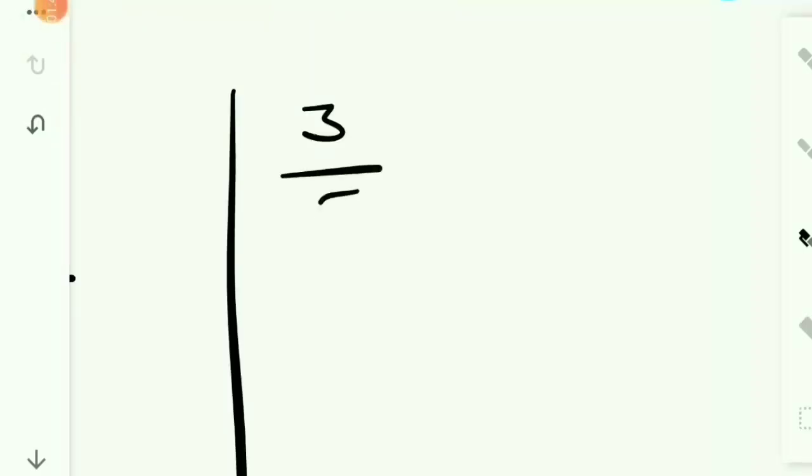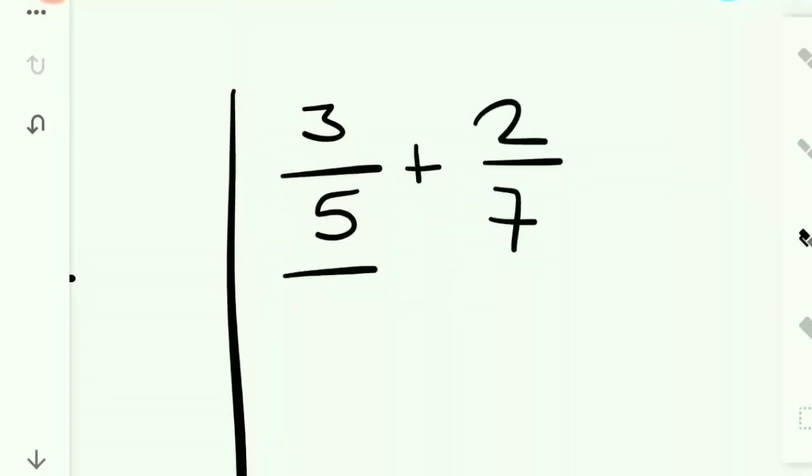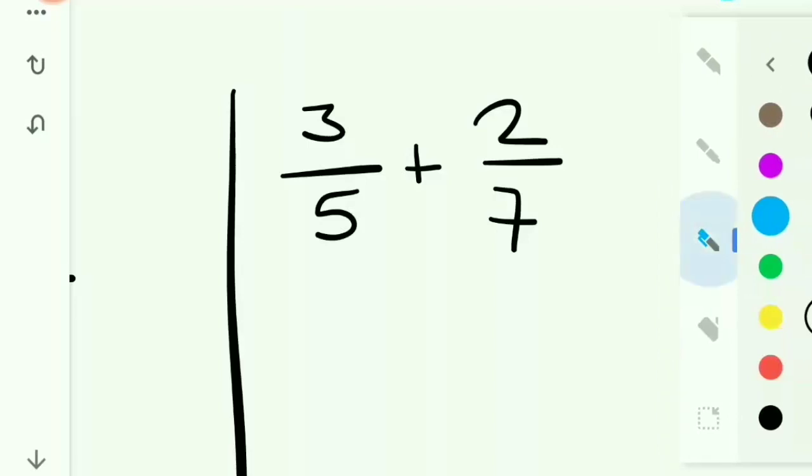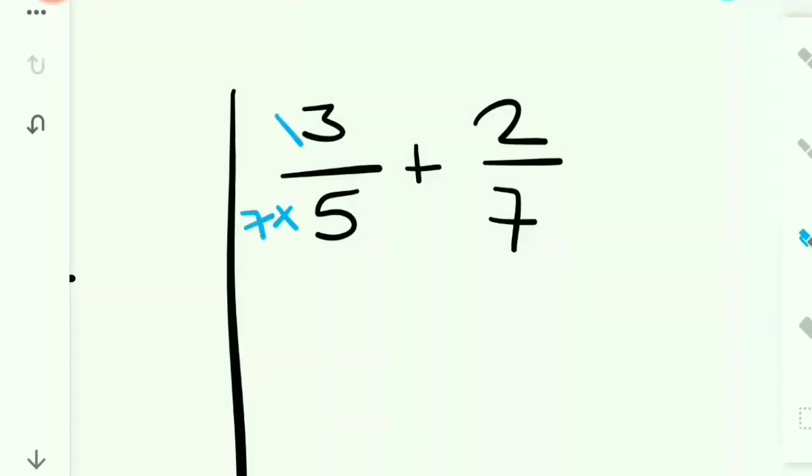Let's now add a fraction to another fraction. 3 by 5 plus 2 by 7. What is the LCM of 5 and 7? It's 35. So to make this 35, we have to multiply and divide this fraction by 7 and this fraction by 5.